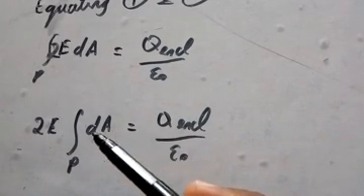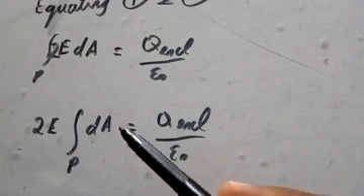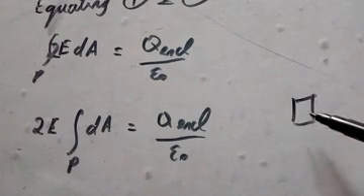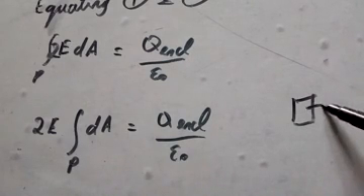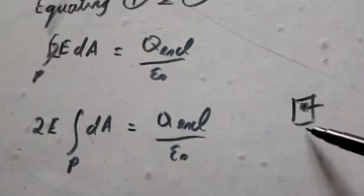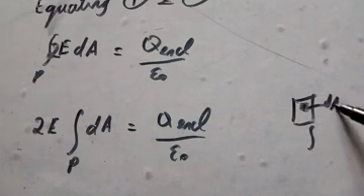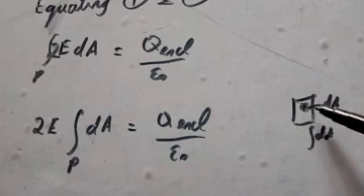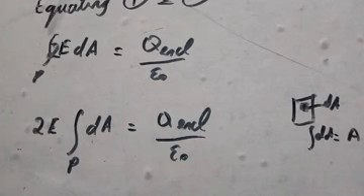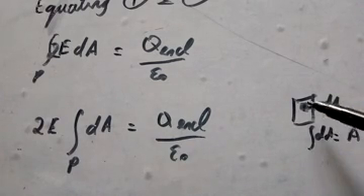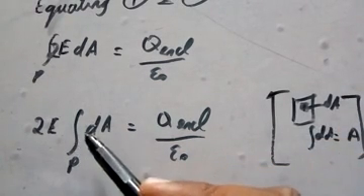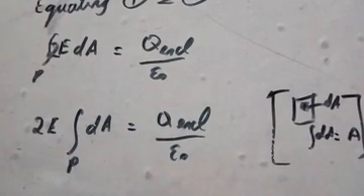Now what does this dA mean? It is the area of the charged surface, which was like a square. This small one is dA, and if you take the full thing, that means you sum all the small elements, and you get the total area A. So instead of writing the integral of dA, we write A itself.